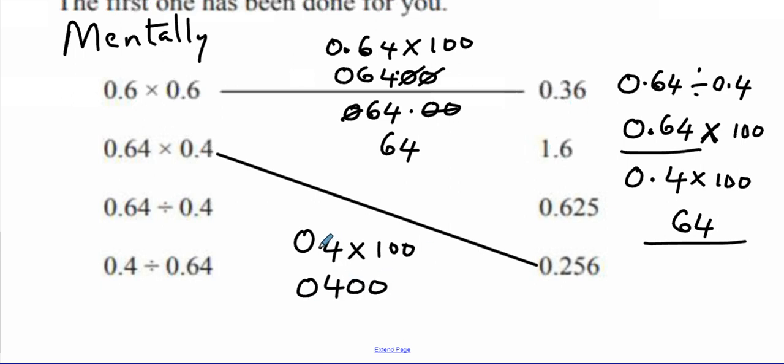You have one decimal place, so you count one number from the right hand side and keep a decimal point after counting it. So this will be 0.40. This 0 will be cancelled and also this 0 will be cancelled. So 64 will be divided by 40.